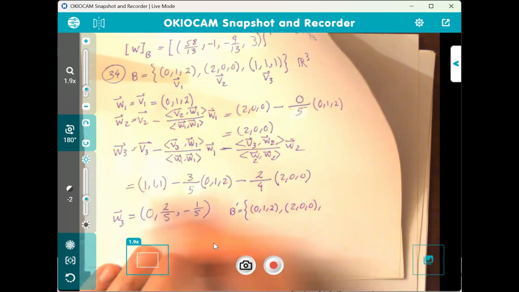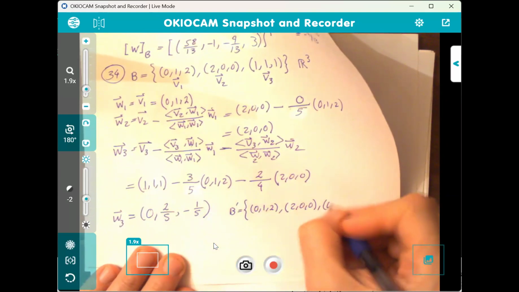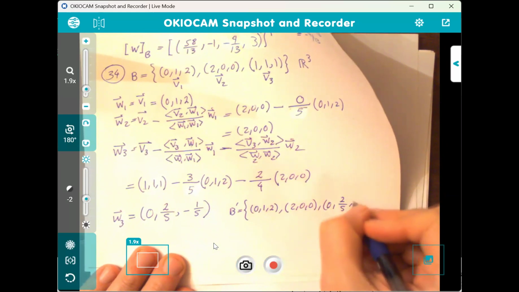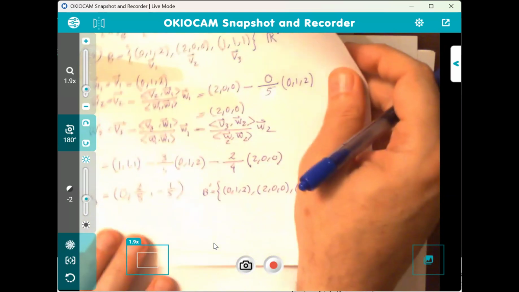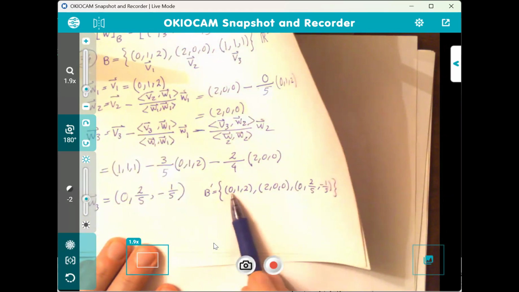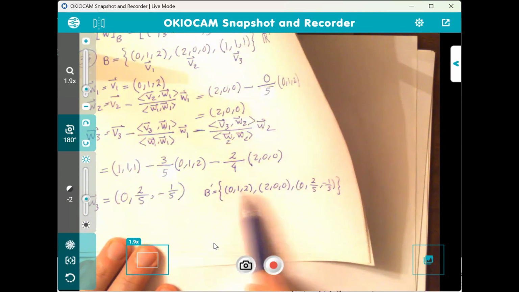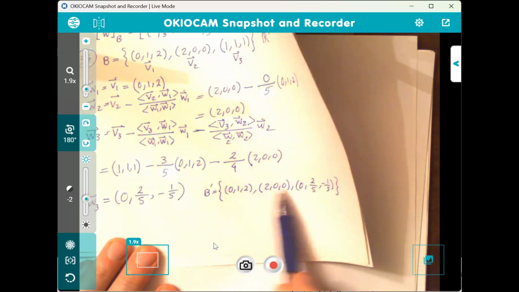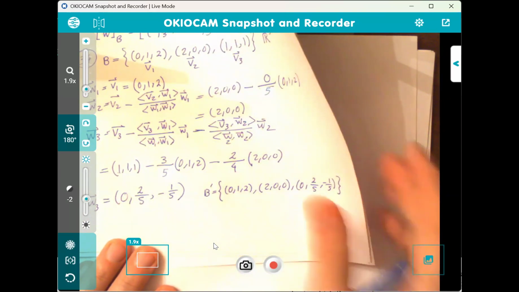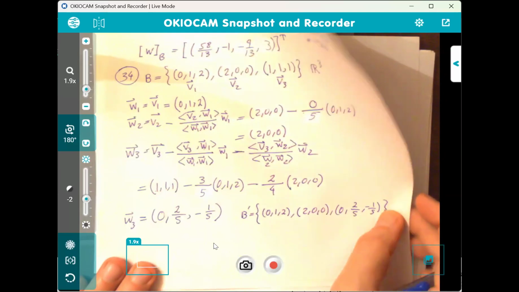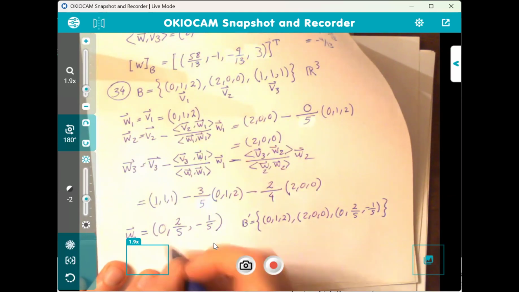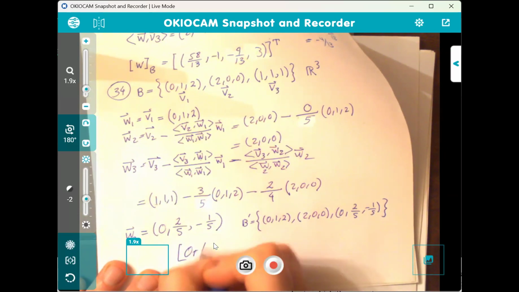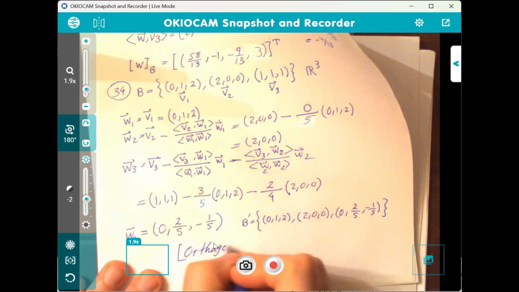And the third one is going to be 0, 2/5, and negative 1/5. Right? These are orthogonal. So if we do the dot products, now you can see that's 0, 0, 0. So all the dot products are 0. So hopefully everybody's okay so far. Therefore, right now, they are orthogonalized.